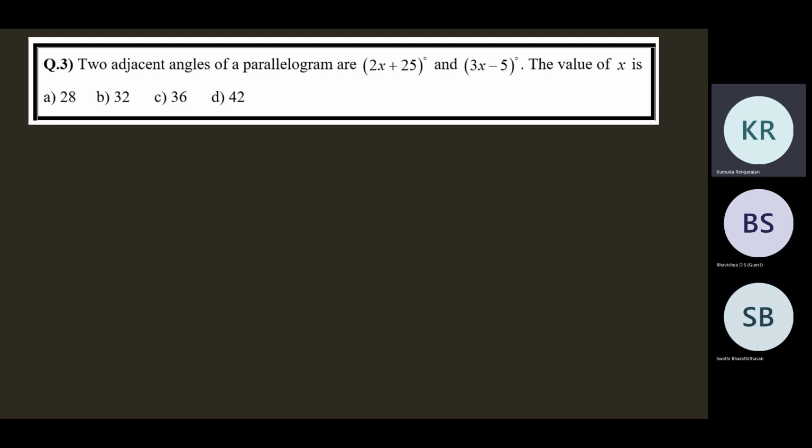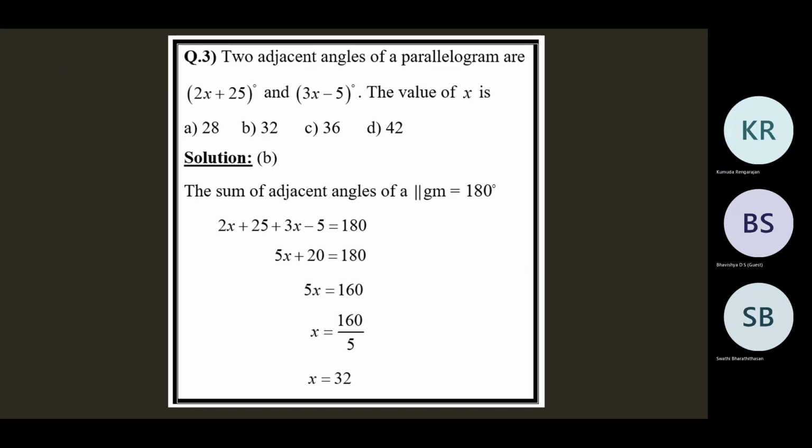Adjacent angles of a parallelogram are co-interior angles. So they are supplementary. The value of x is 32.